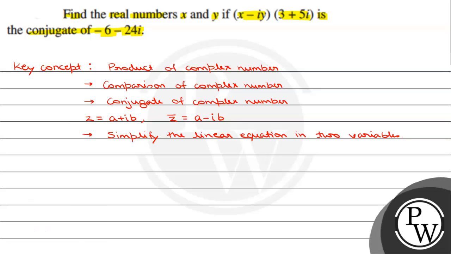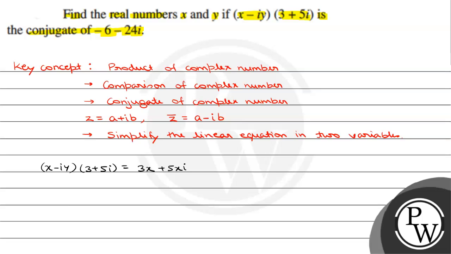So first step is to do what? We have to find out the product of x minus iy and 3 plus 5i. So x minus iy, we have to multiply this with 3 plus 5i. So x into 3 is going to give us 3x. x into 5i is going to give us 5xi.